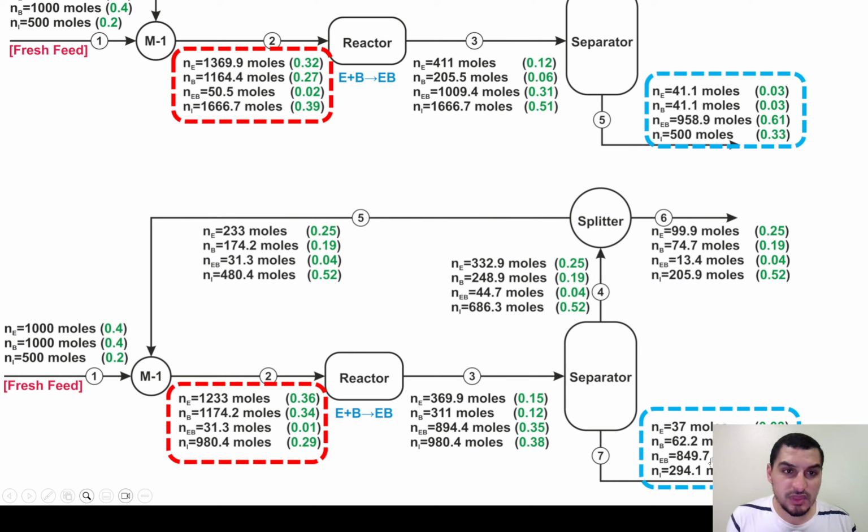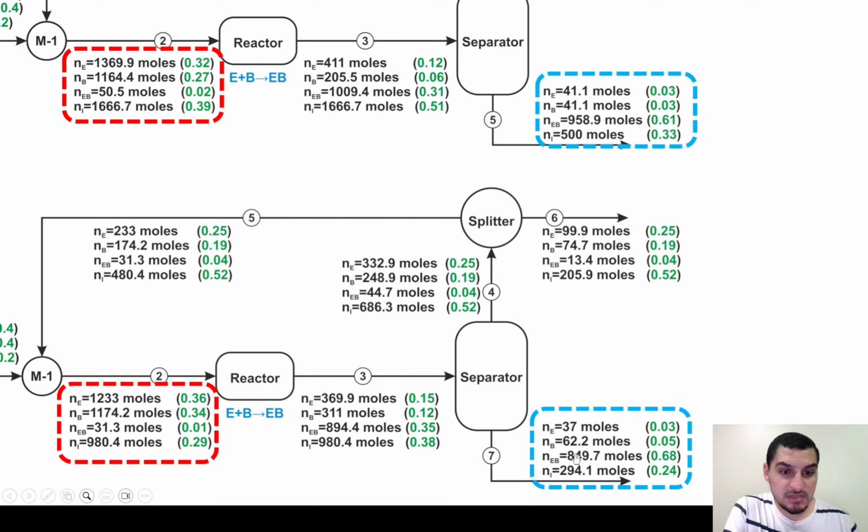Of course, the number of moles of ethyl benzene now is less, because some ethyl benzene is lost here. But this is again what decides which scheme we will go with: the economics of the process.